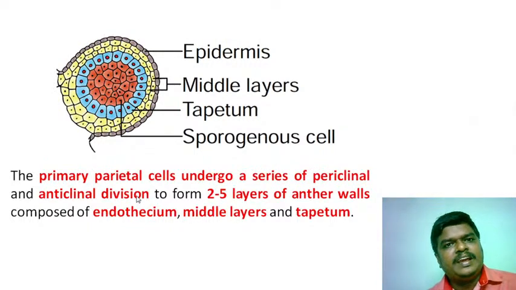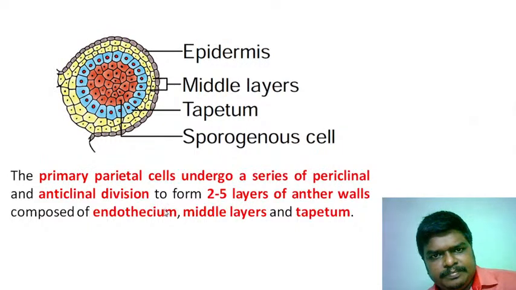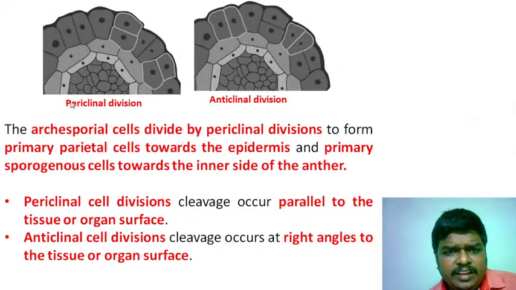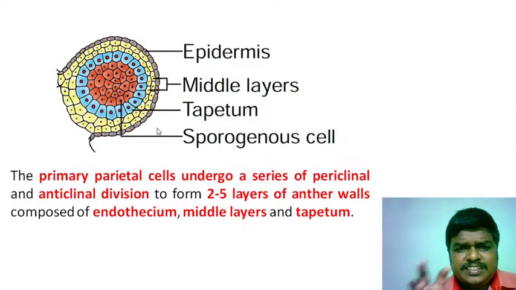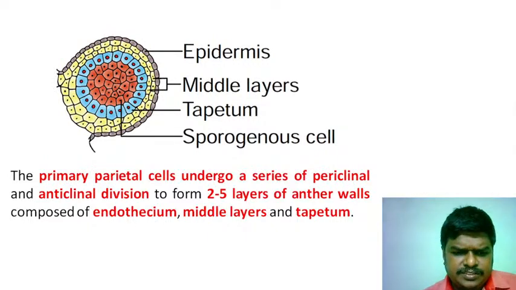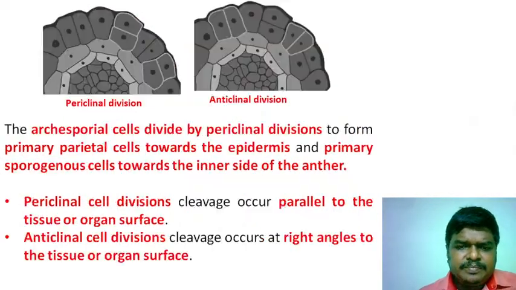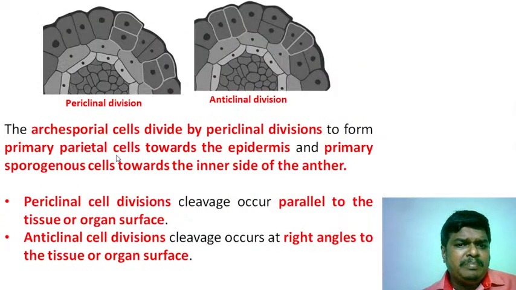It can be both periclinal or anticlinal divisions, and they form 2 to 5 layers of anther walls. So this structure undergoes divisions and finally forms a structure like this. It is formed by a series of divisions, both periclinal divisions and anticlinal divisions. So the homogeneous cells become archisporial cells. Archisporial cells divide and become primary parietal cells.